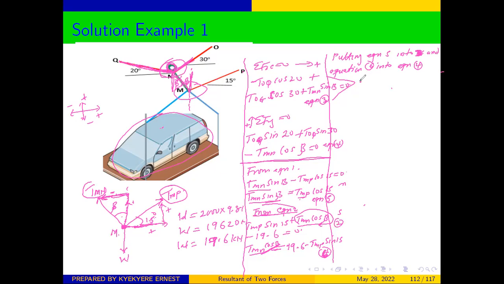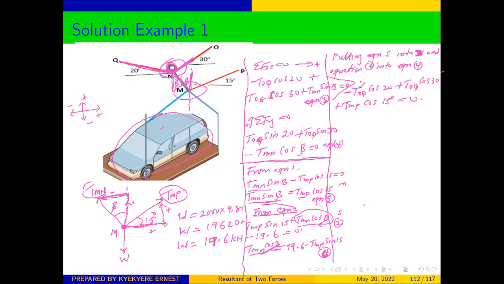Therefore, I'm going to get negative TOQ cos 20 plus TOQ cos 30 plus TMP cos 15 is equal to 0.